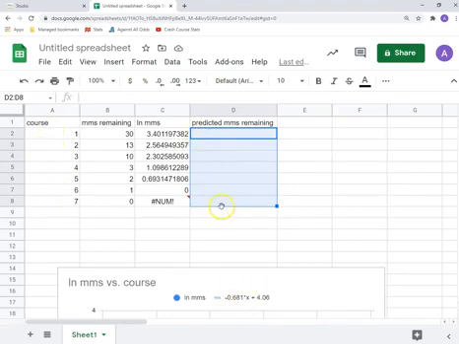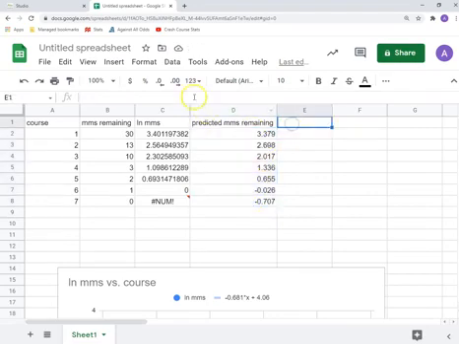So we are going to put 7 in there. So that equals negative 0.681 times our X's, which are A2 to A8, and then plus 4.06. Enter. There's our first predicted, and there's the rest of our predicted.